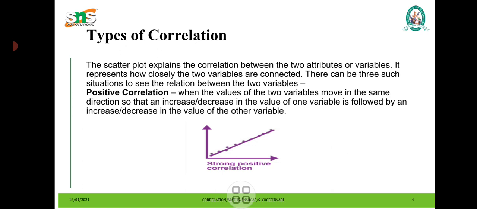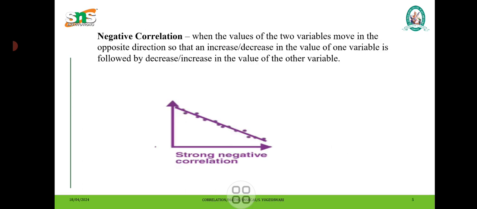Positive correlation, when the values of the two variables move in the same direction, so that an increase or a decrease in the value of one variable is followed by an increase or decrease in the value of the other variable.